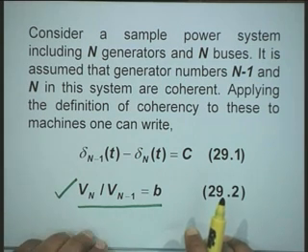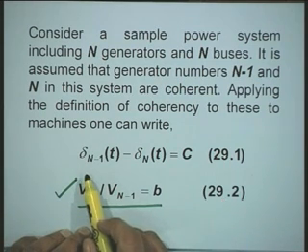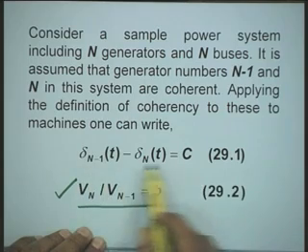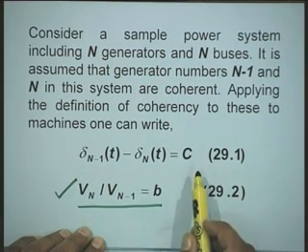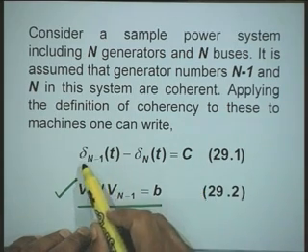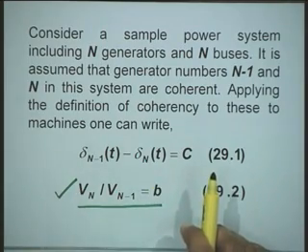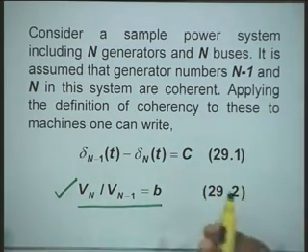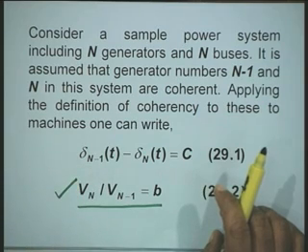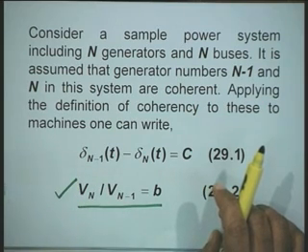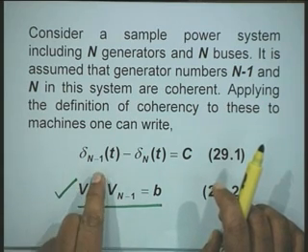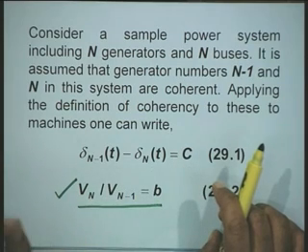However, for identifying the coherent group of generators, we have used the first condition, that is, delta n minus 1 of t minus delta n of t for all time instants over the complete period. The two swing curves are identical if this difference is a constant and it is less than some tolerance.